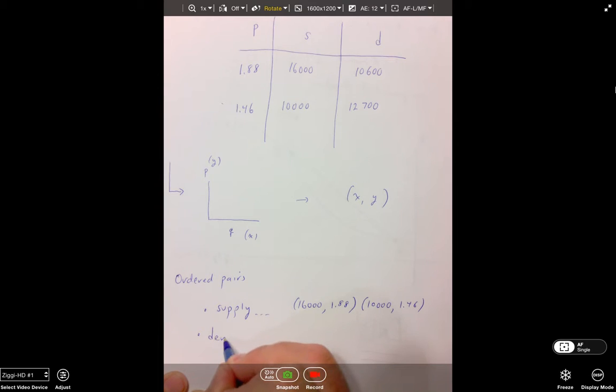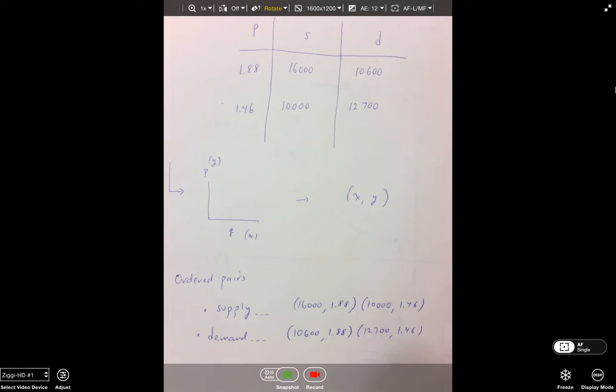For the demand, we have 10,600, $1.88, and we have 12,700, $1.46.